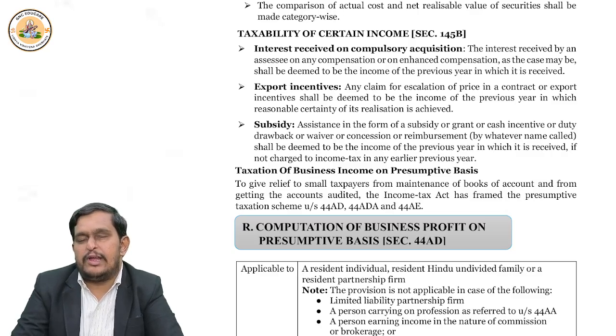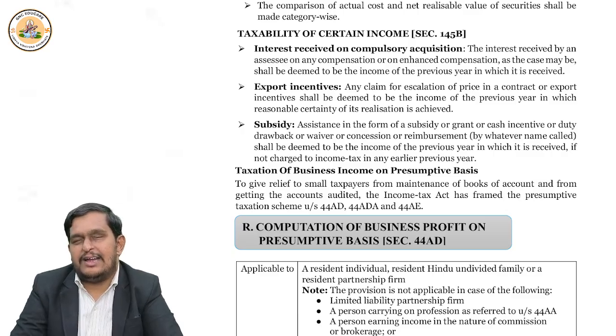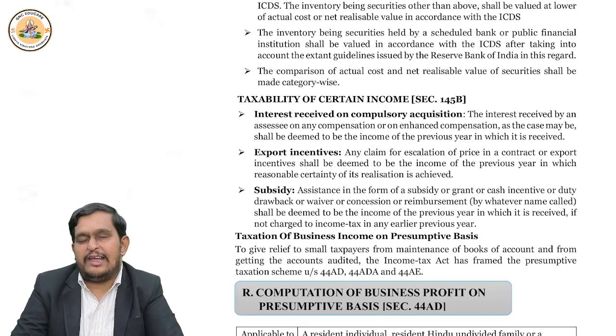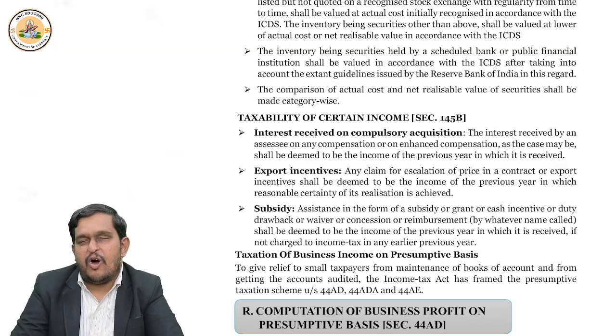Remember a simple golden principle, that interest is only taxable when it is received. So interest on enhanced compensation or initial compensation on the compulsory acquisition by the government, that is taxable, but only in the year of receipt.